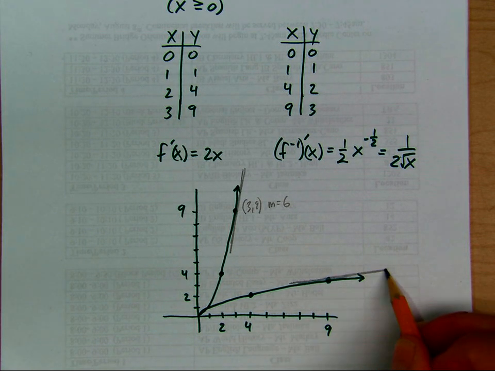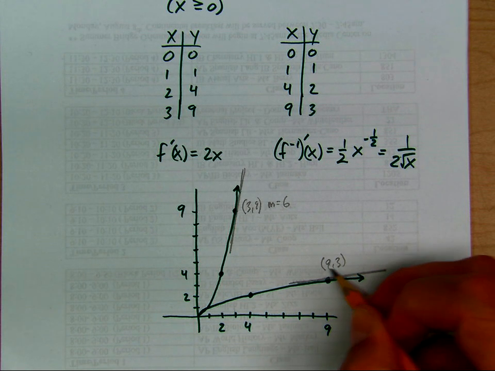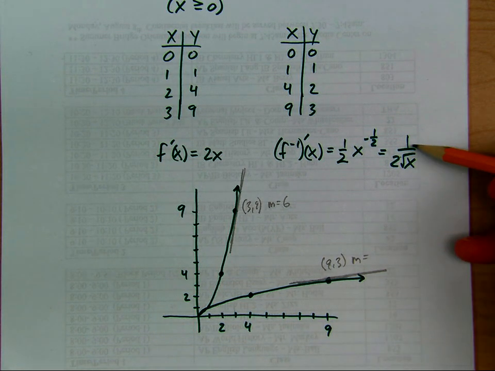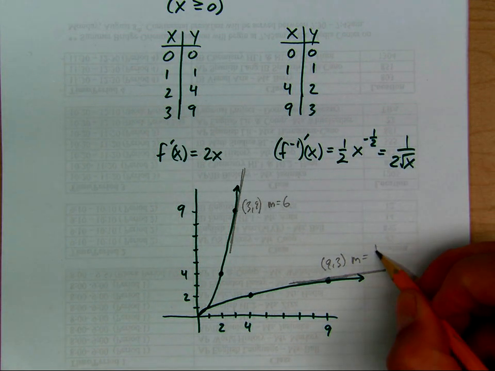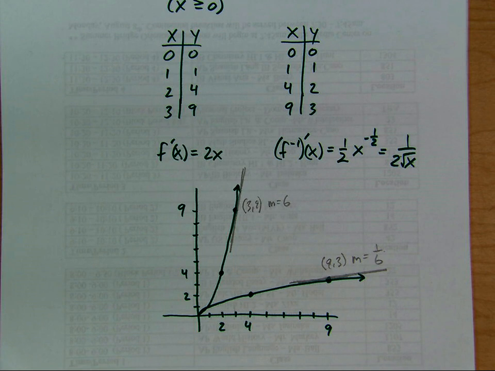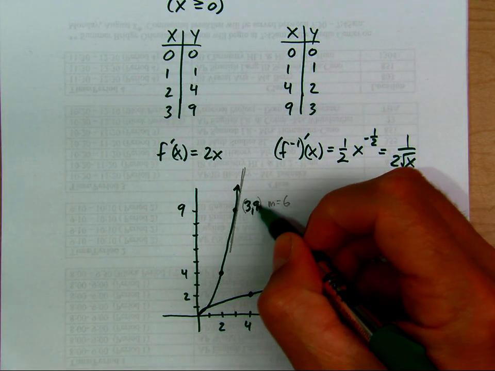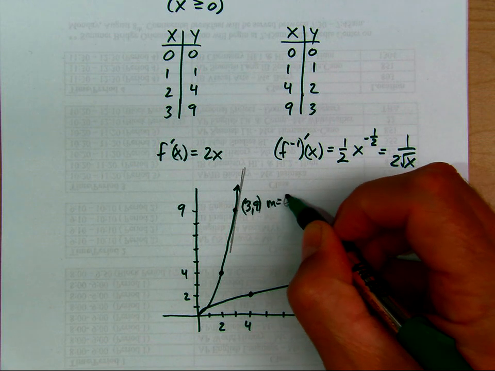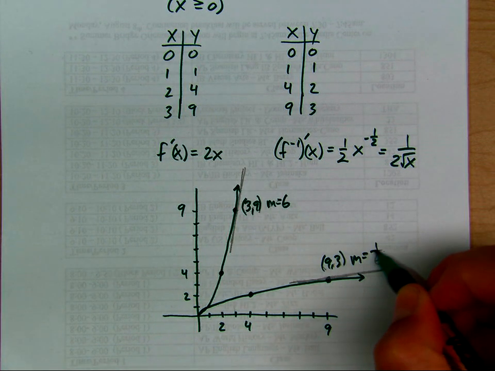Let's find the slope of this tangent line at (9, 3). Here the slope is 1 over 2 times the square root of 9. X is 9, put a 9 there, we get 3, so the slope is 1/6. And we can see a relationship between the slopes. So (3, 9) has a slope of 6, and (9, 3) has a slope of 1/6.